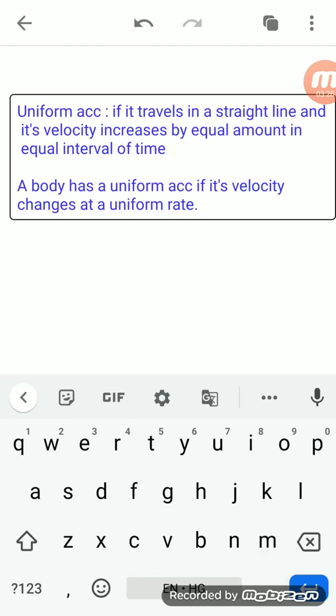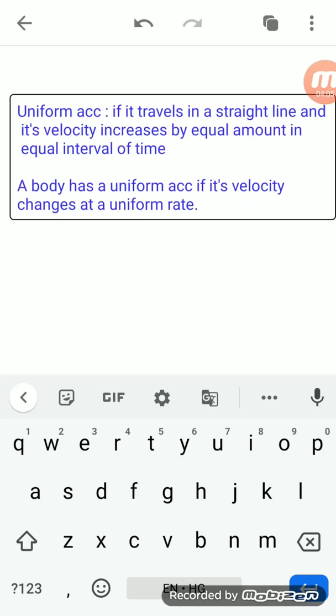There are a lot of examples of uniform acceleration or uniformly accelerated motion. Suppose the motion of a bicycle going down the slope of a road. The rider is not pedalling, and the wind resistance is negligible because the downward slope is there. So this is an example of uniformly accelerated motion. Not only this, when a body is dropped from a certain height, the body is said to be in free fall. Only the gravitational force is working.